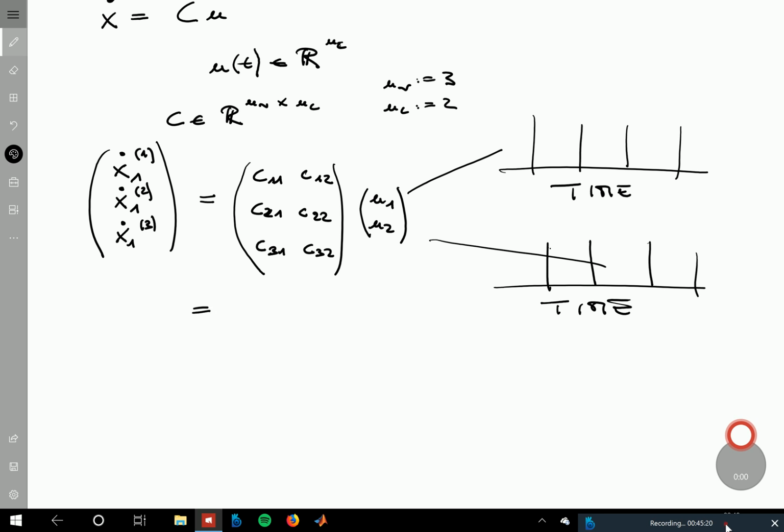If one then computes this, this would of course go k from 1 to number of conditions, c1k uk, c2k uk, and c3k uk.